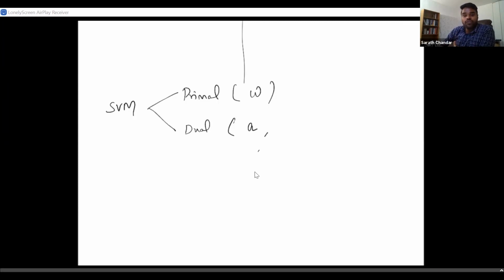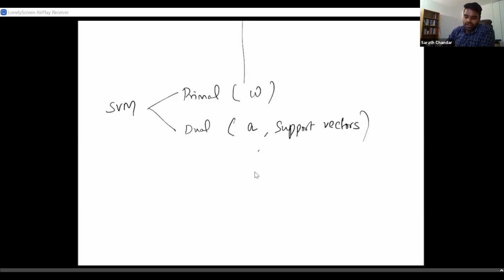And in the dual formulation, after learning these A, we cannot throw away all the data, because along with the A, there were also other parameters of the model, which were basically the support vectors. So you need to store those examples, which are support vectors, to make the decision in the dual SVM classifier.